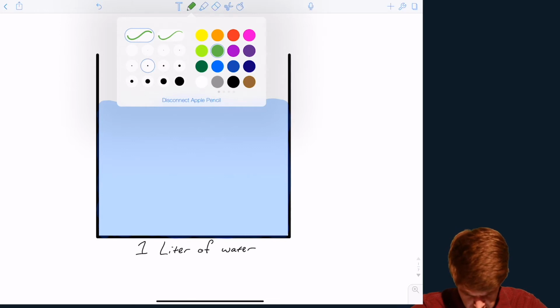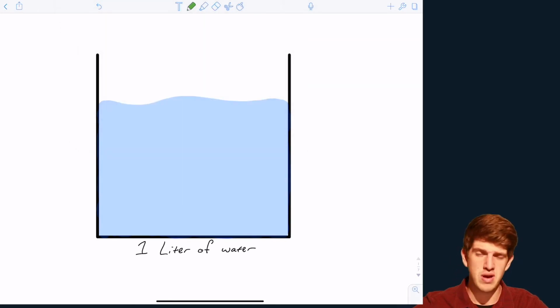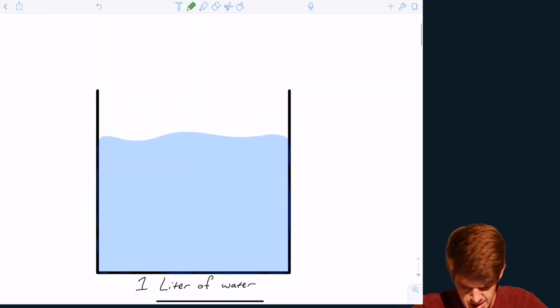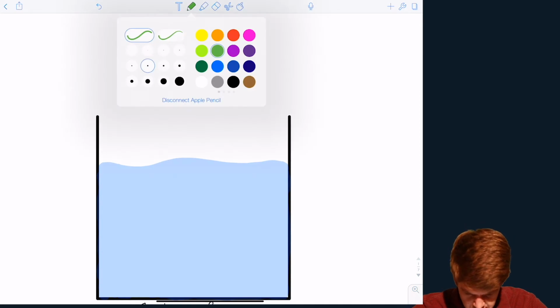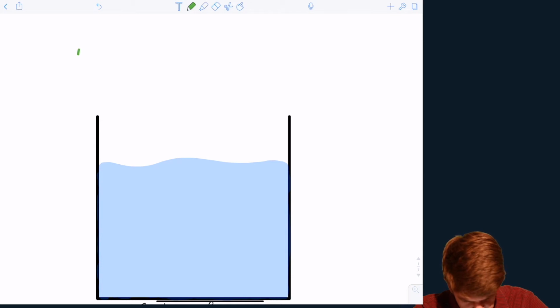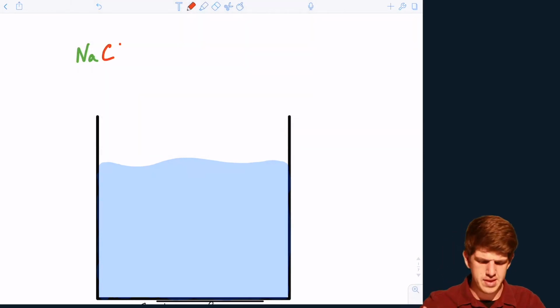So right now, we just have a liter of pure water, and I'm going to start to put some solid NaCl in it. Before I dissolve the NaCl, I have this structure in the solid: Na bound to a Cl.